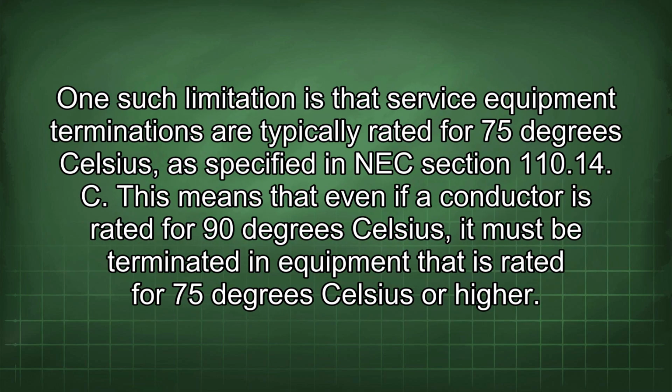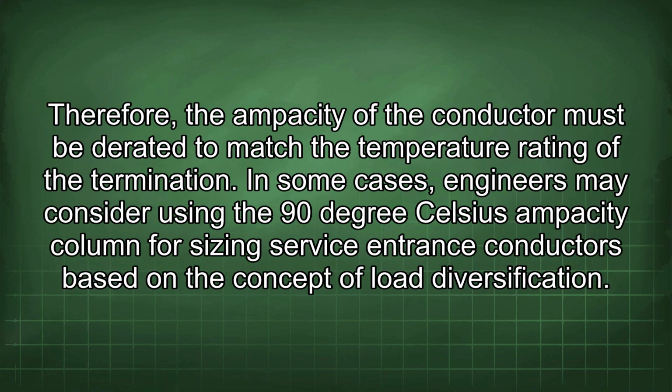One such limitation is that service equipment terminations are typically rated for 75°C, as specified in NEC section 110.14(C). This means that even if a conductor is rated for 90°C, it must be terminated in equipment that is rated for 75°C or higher. Therefore, the ampacity of the conductor must be derated to match the temperature rating of the termination.